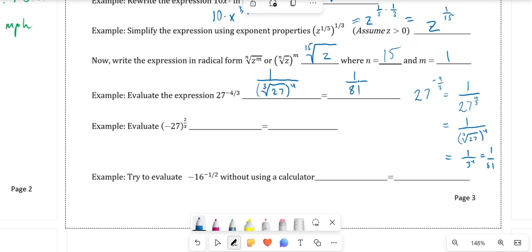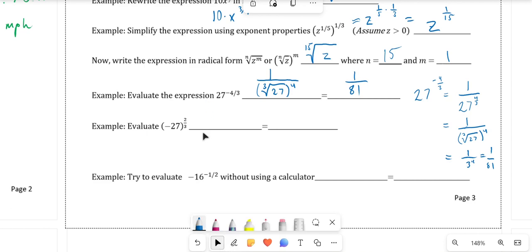And then it says, well, what about this negative? What about that negative? So what we're going to do for this negative is, let's just write it out in steps.